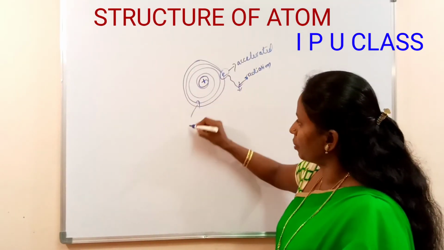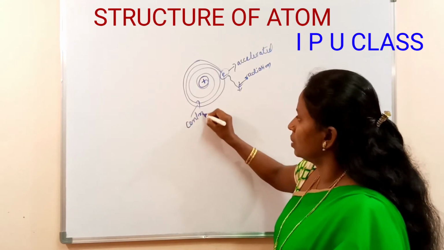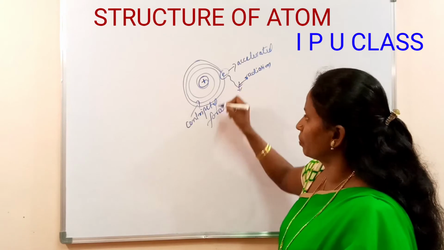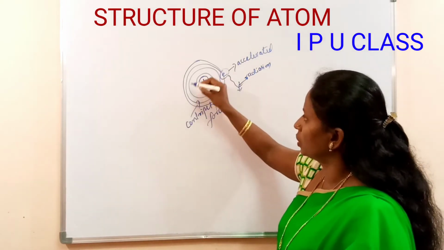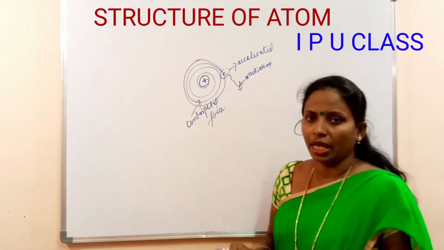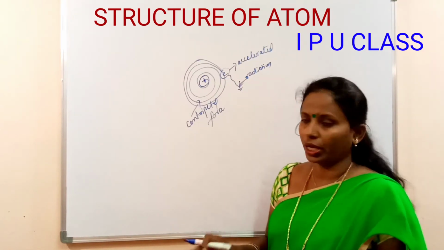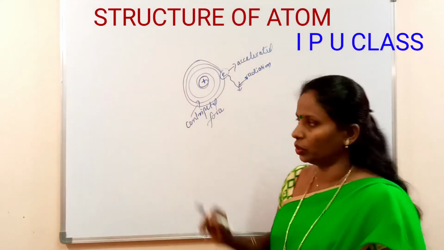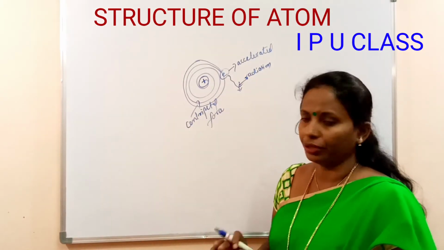This is the centripetal force. Due to centripetal force, it has to come near to the nucleus and fall into the nucleus, and thereby the atom will collapse. But still the atom is stable.